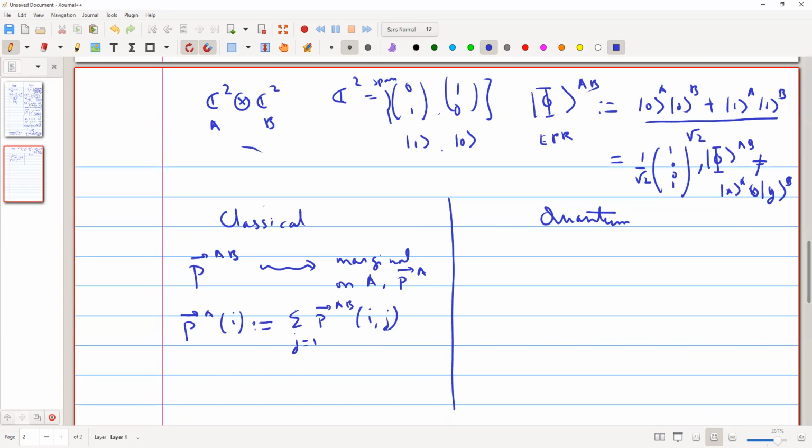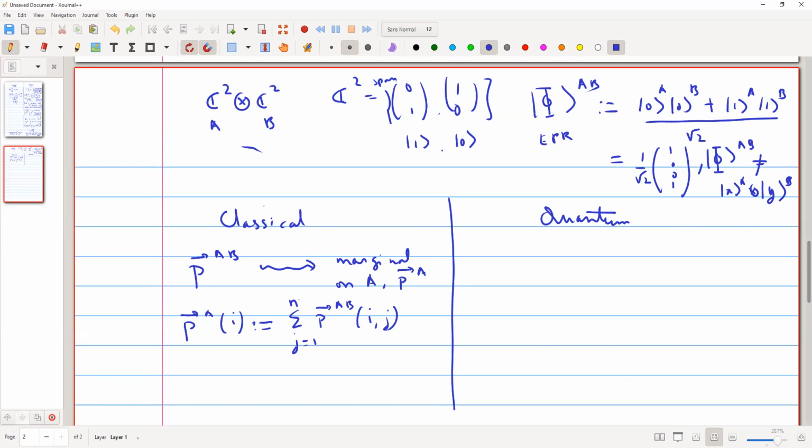So j equal to 1 to n. So I sum over the probabilities of i comma j. I sum over all the possible j's, and this gives me the marginal probability of i. So this forms a probability distribution on i, which I'm calling the marginal PA. And similarly, I can define the marginal PB. Right? So this is all we know. Hari, you follow it till this point?